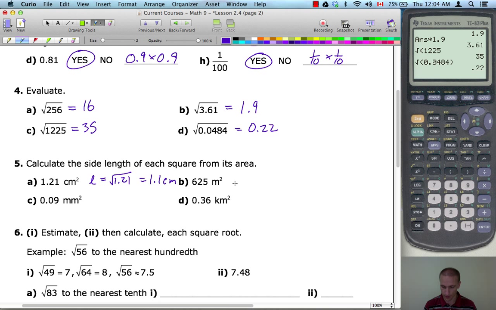The next one, the square root of 625 will give you the length of one side, which is 25 meters. And the next one, if you take the square root of 0.09, you get 0.3 millimeters. And if you take the square root of 0.36, you get 0.6 kilometers.